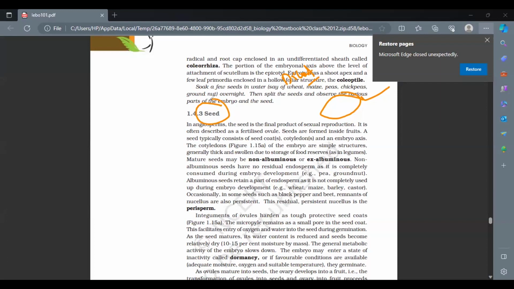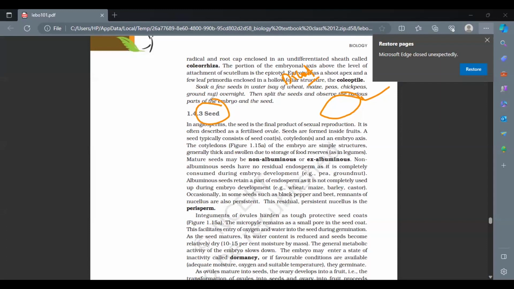Now, when the endosperm provides nutrition to the growing embryo, that nutrition may be completely used up, and so the seed becomes a non-albuminous seed. Hope you're understanding what I'm saying. When the endosperm is completely used by the growing embryo, the seed finally formed is a non-albuminous or ex-albuminous seed.